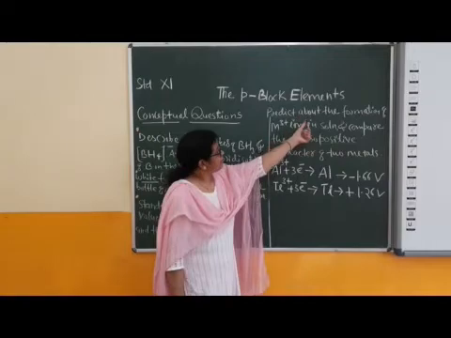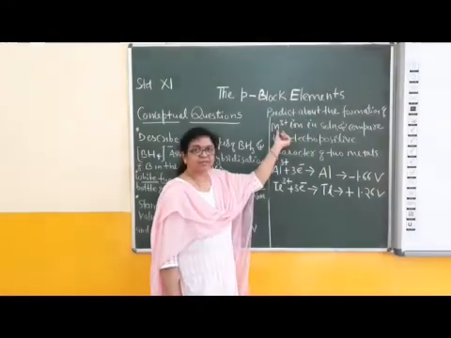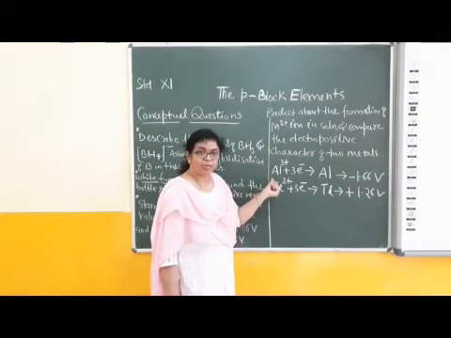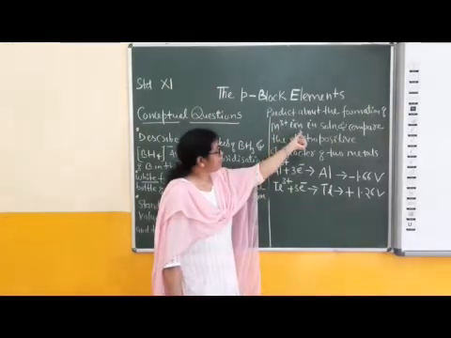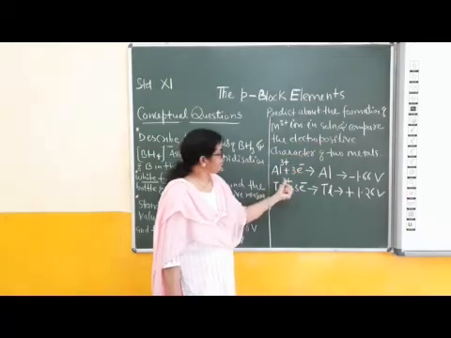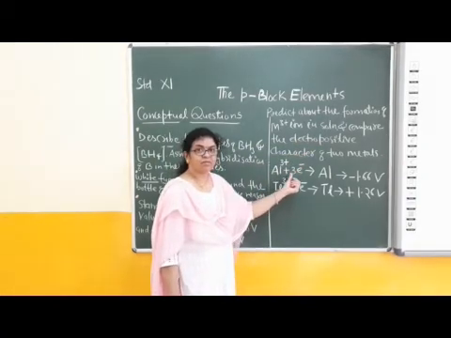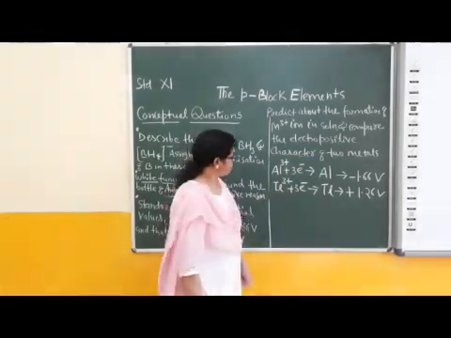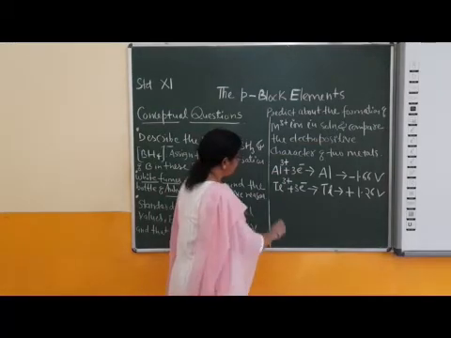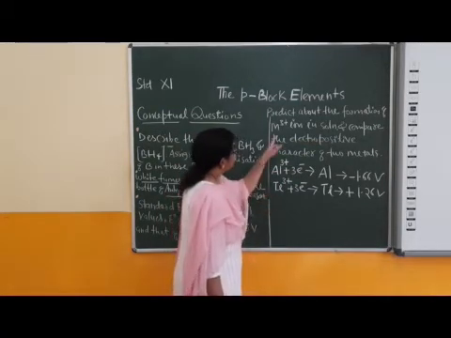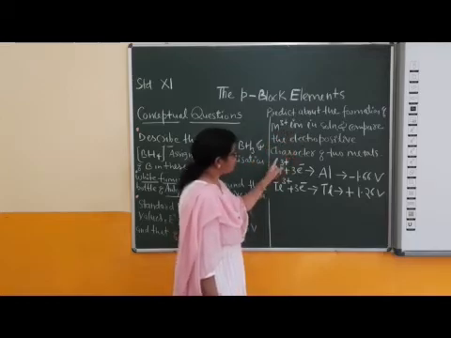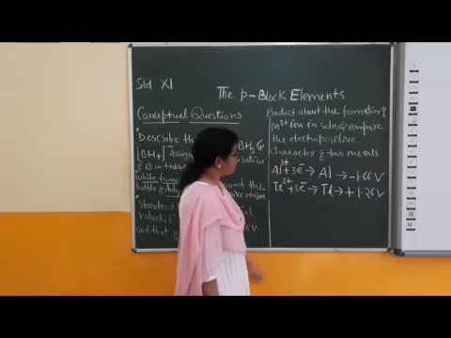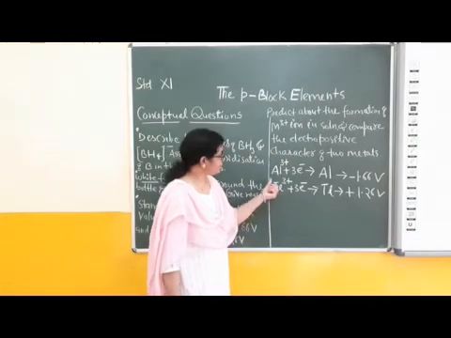Predict about the formation of metal M, written for metal, either aluminium or thallium. Metal 3+ ion in solution. This is a strong tendency, not this one. Okay, children? Formation of M3+ ion in solution and compare the electropositive character of two metals. What is the correct answer?